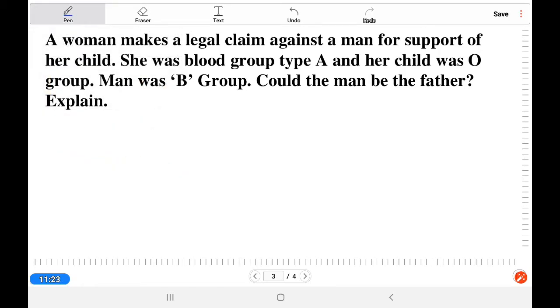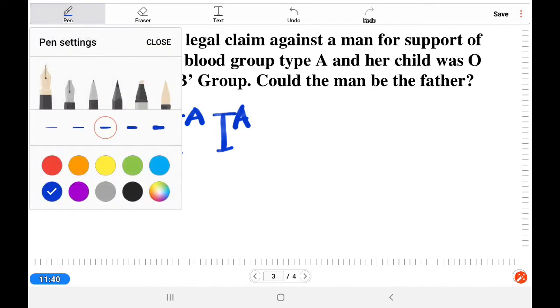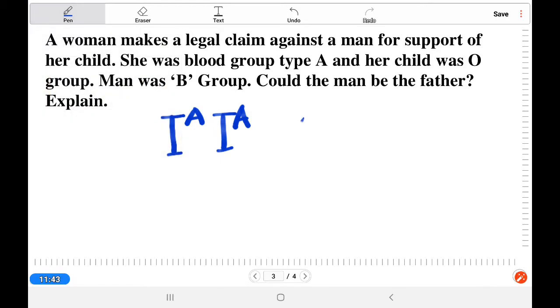Okay, so the mother and father are blood group A and B. I think with blood group A and blood group B, the O group is not possible if they are homozygous.